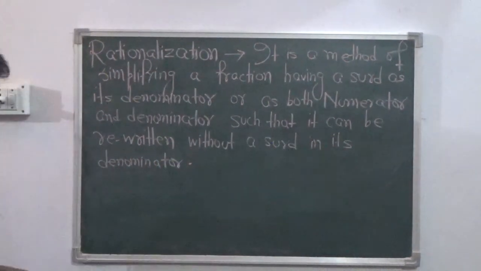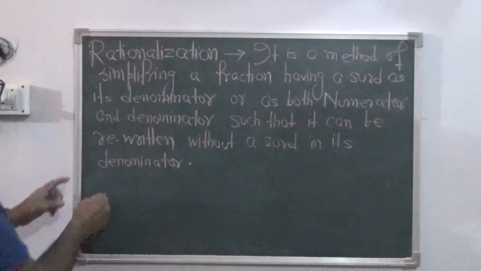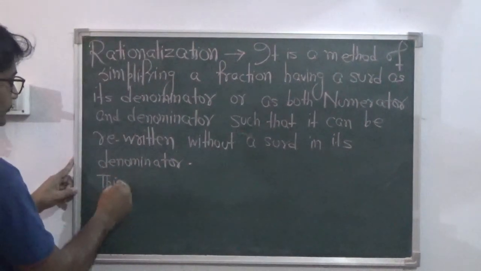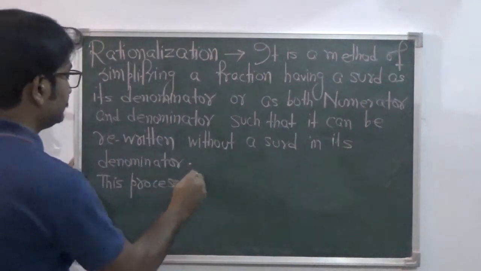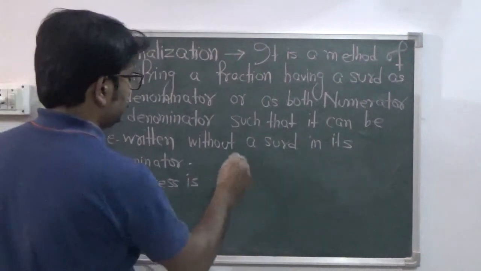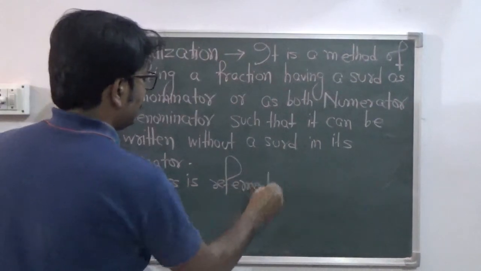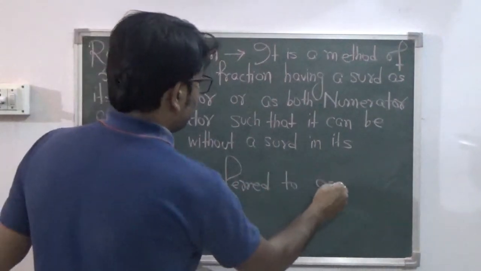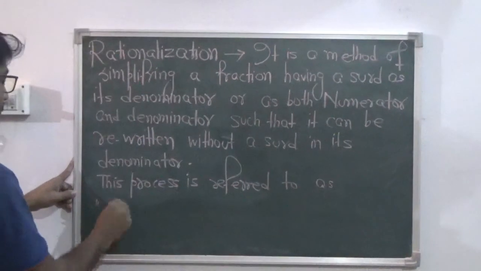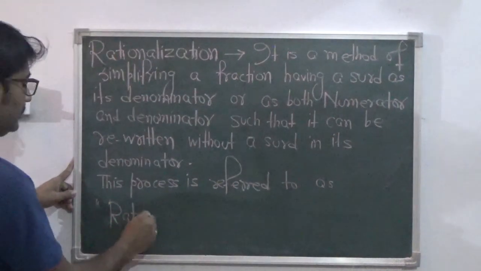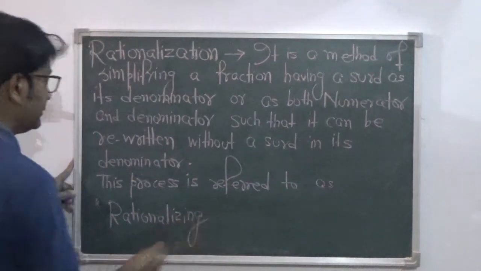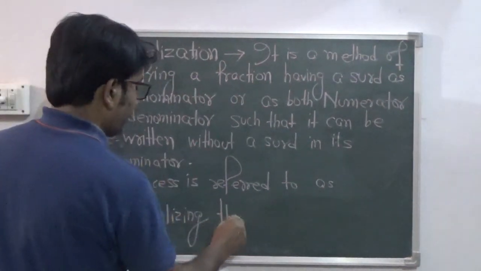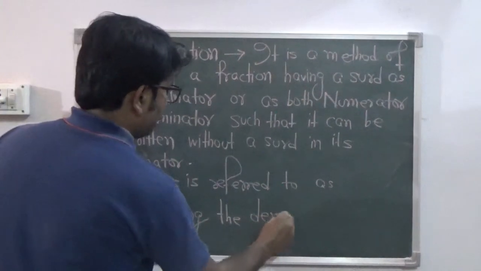This process is referred to as rationalizing the denominator.